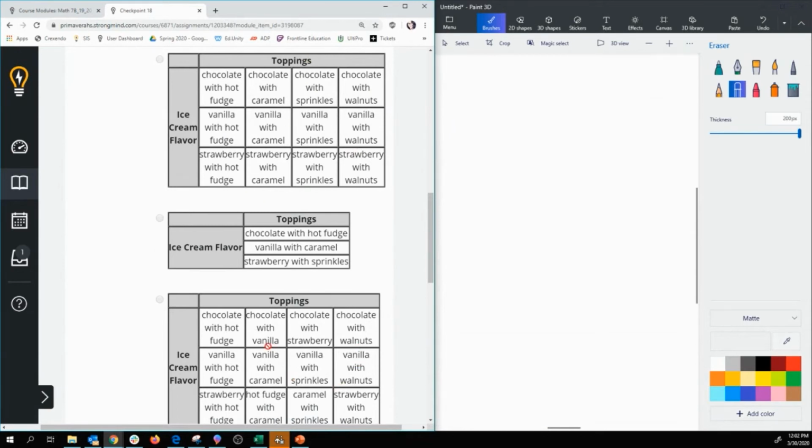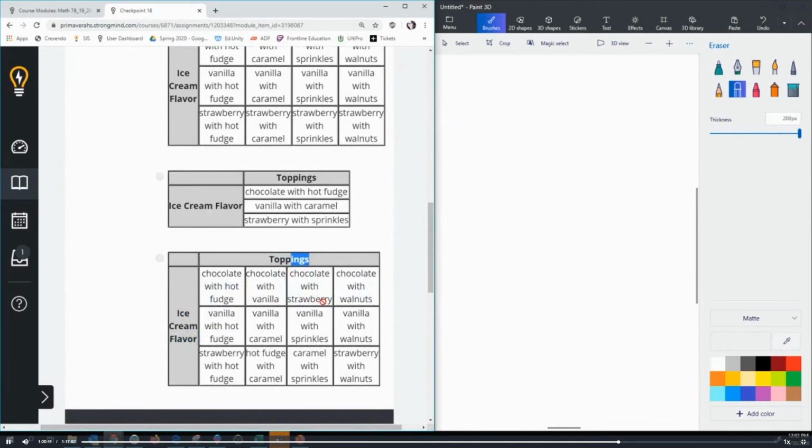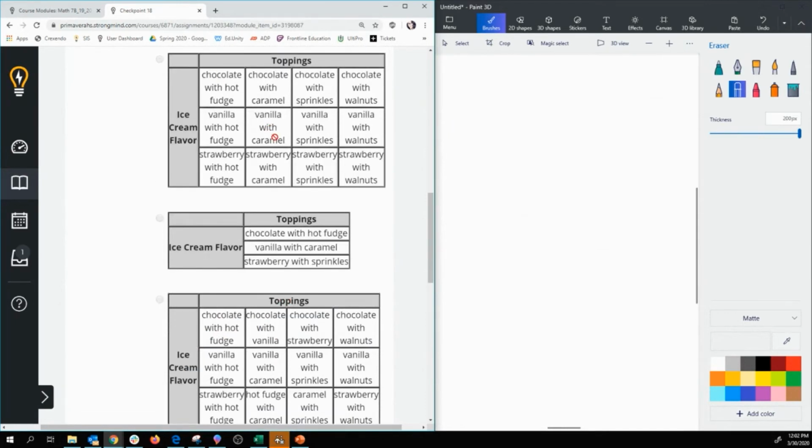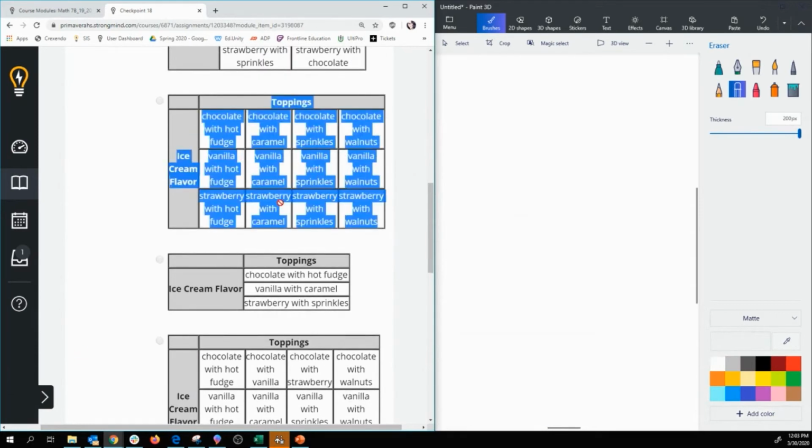If I look at this table, it says chocolate with vanilla and then chocolate with strawberry, but vanilla is not a topping, right? So this very bottom table wouldn't work. So read through your tables and make sure you're choosing the answer choice that has 12 total options, and they all have an ice cream flavor and a topping with it. So this is the one that you want to look for.